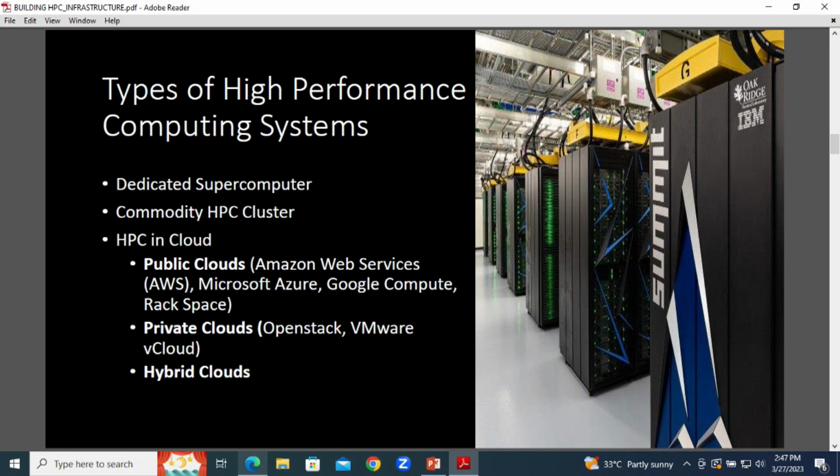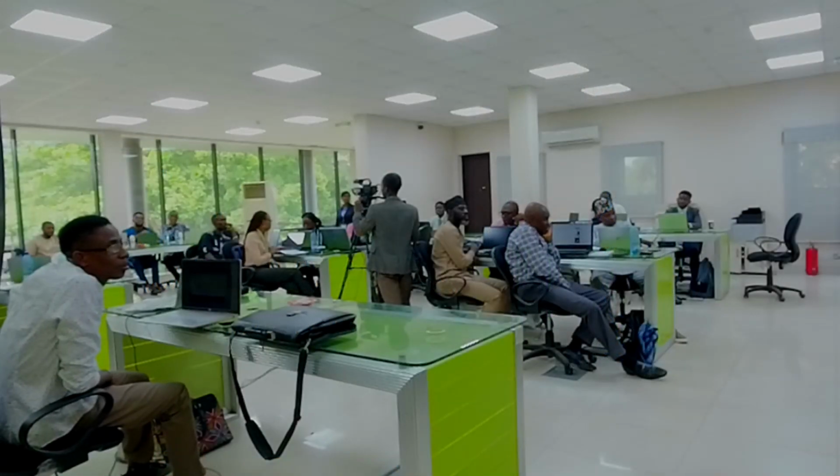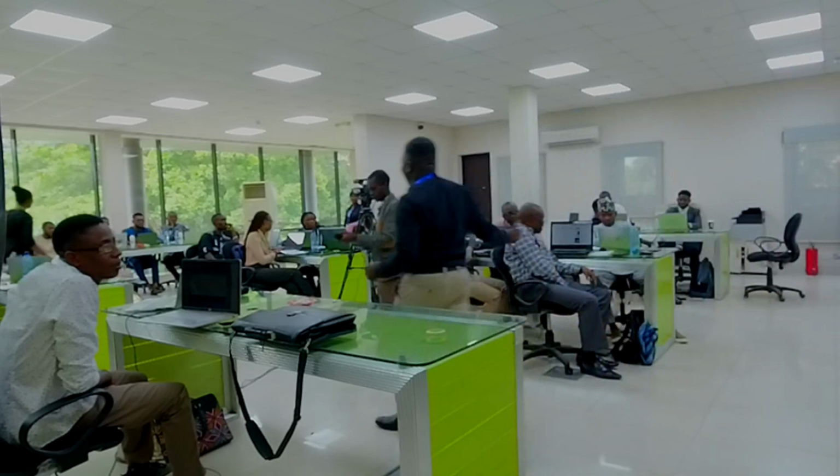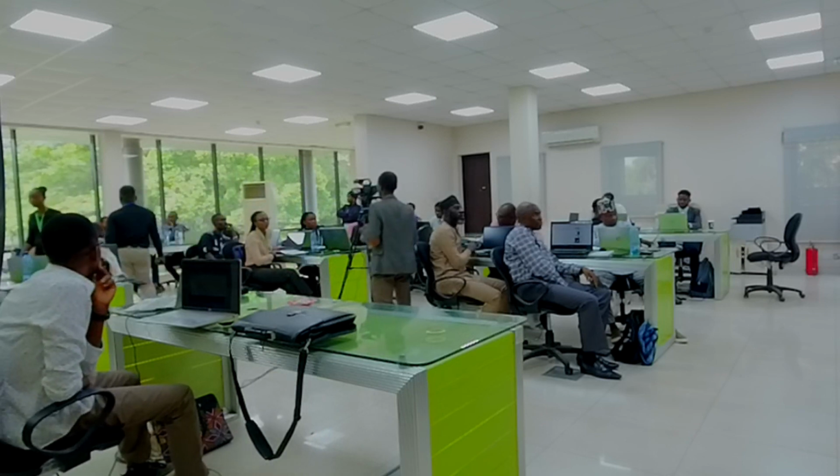I can say cloud is just someone else's hard drive: accessing someone else's hard drive using a third-party software. That's just cloud.